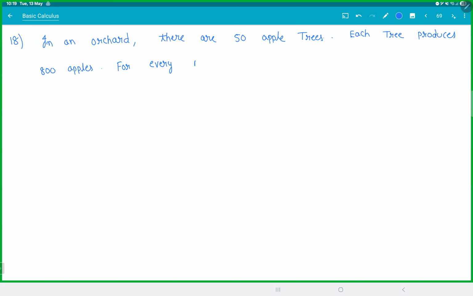So for every new apple tree that you plant, the production of each tree decreases by 10. Is this making sense?